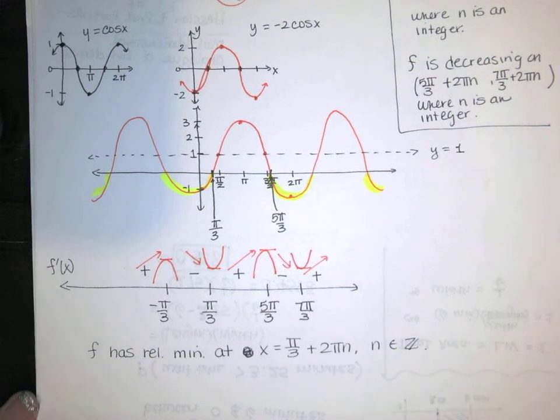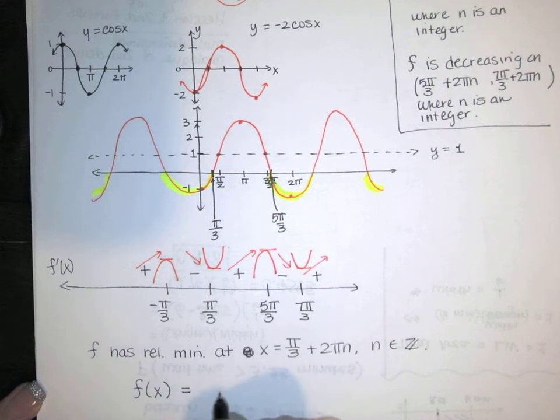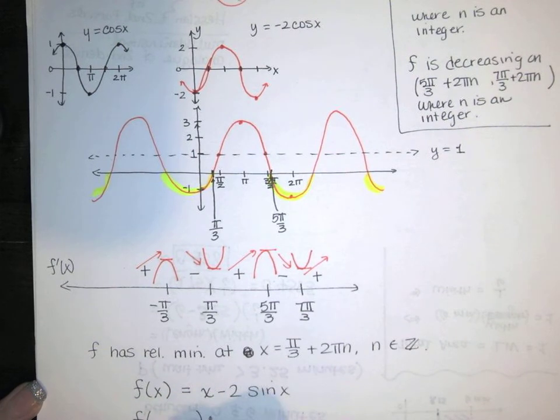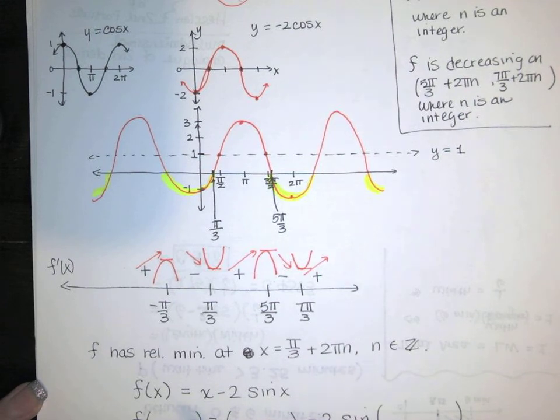If you're saying to yourself, well, what is the value of f at those minima? Well, f of x was x minus 2 sine of x. So when I evaluate this at pi over 3 plus 2 pi n, this is what we get. So I'm replacing x with pi over 3 plus 2 pi n.